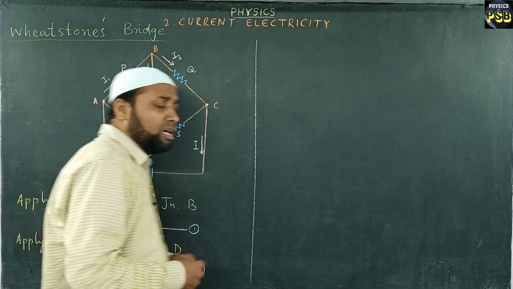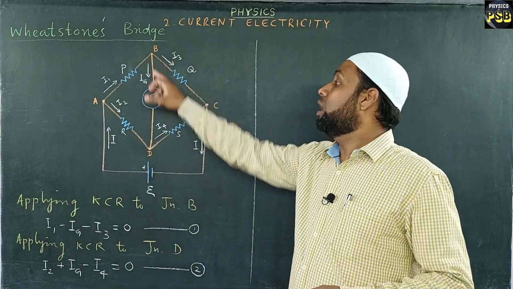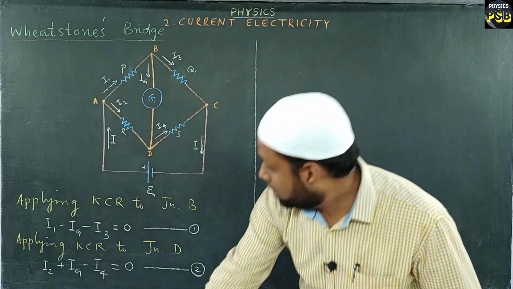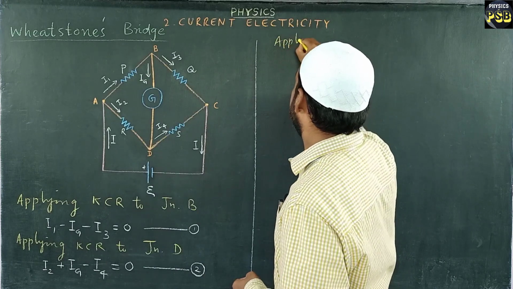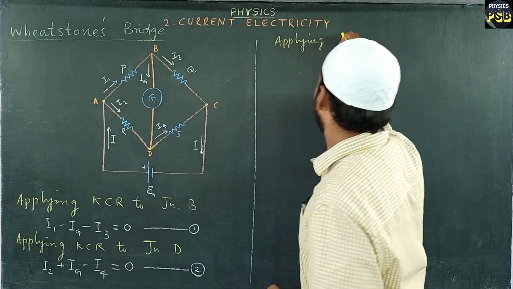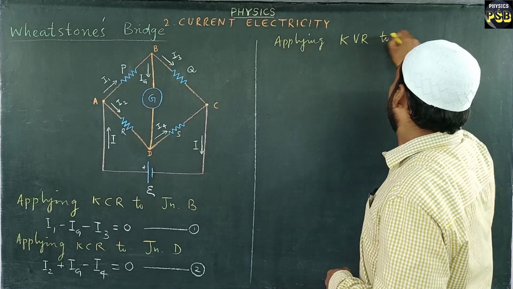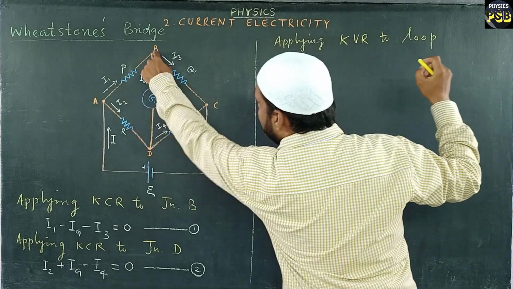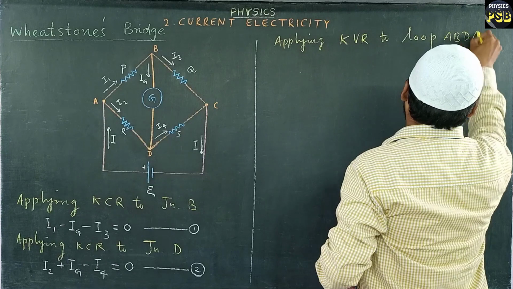Now I will apply Kirchhoff's voltage rule to loop ABDA.